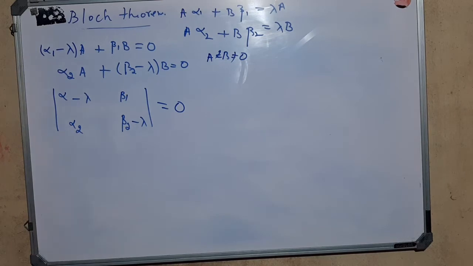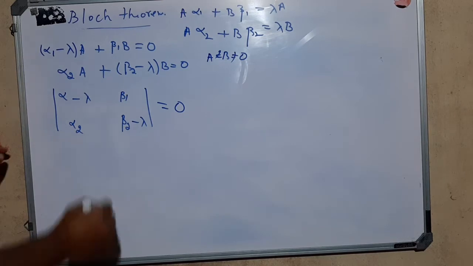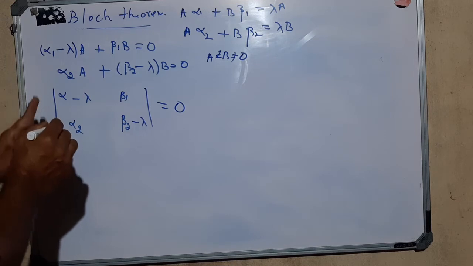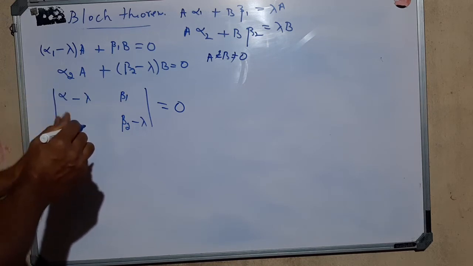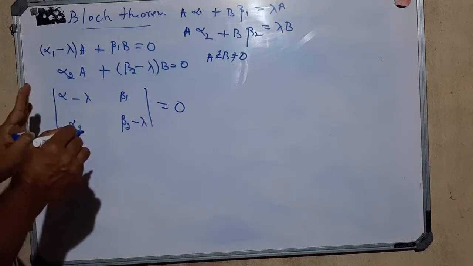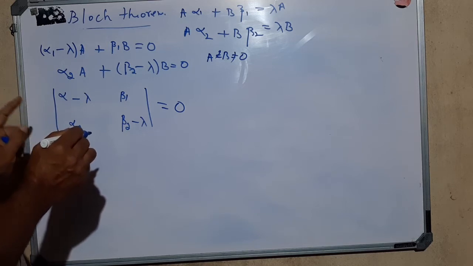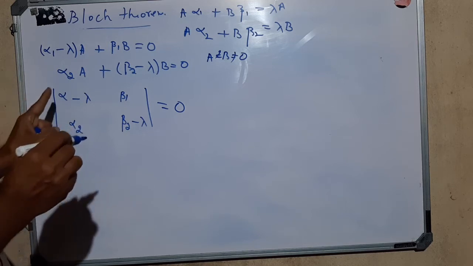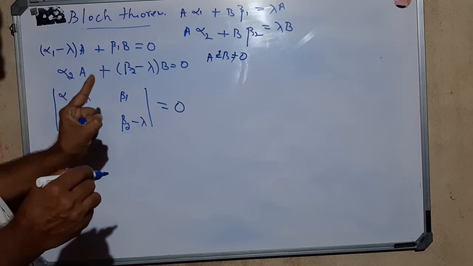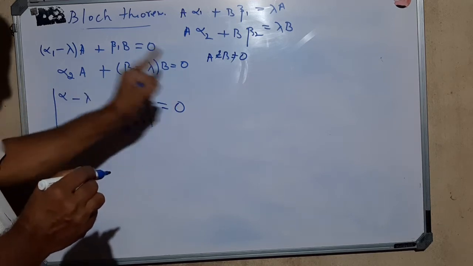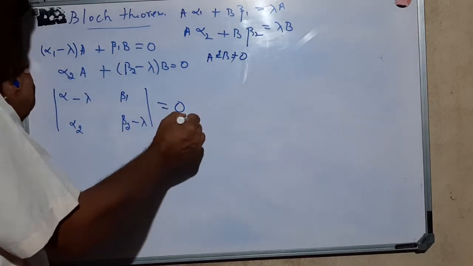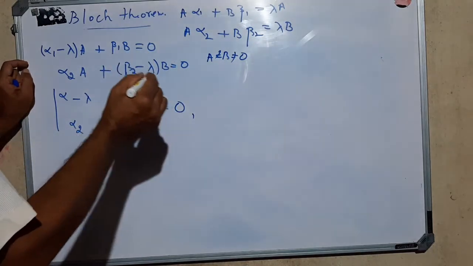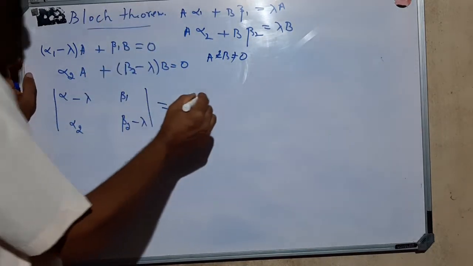So what happens now? You have to simplify this determinant, and in your notes write down the simplified steps. But here I will directly write it. You simplify and check whether you are getting the same answer.